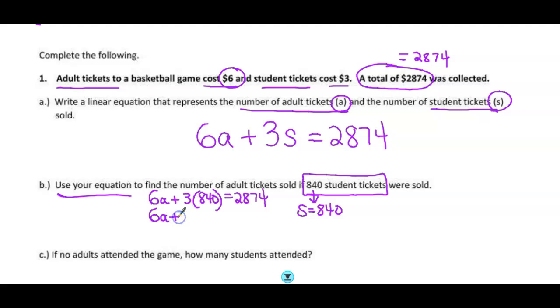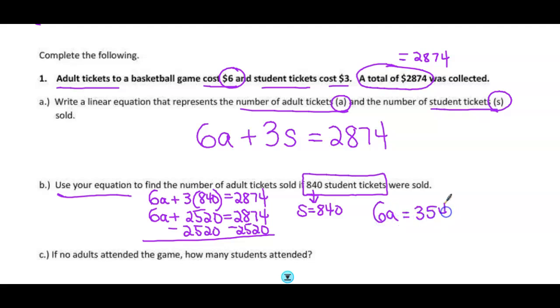6A plus 2,520 equals 2,874. We're going to subtract 2,520 from both sides. That gives me 6A equals 354.